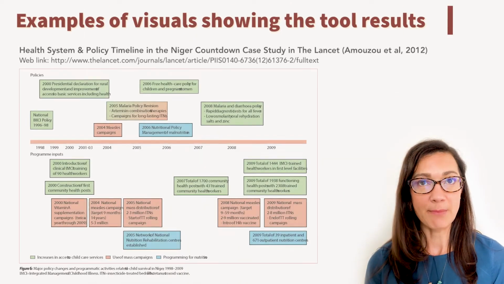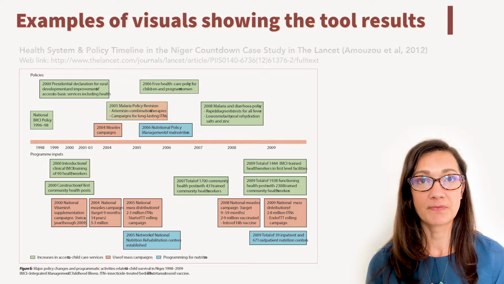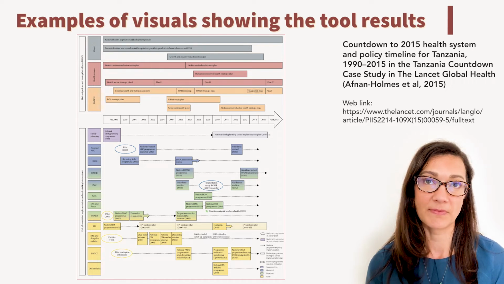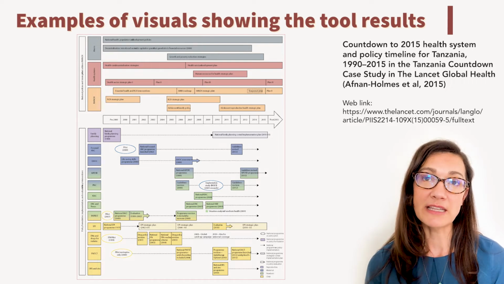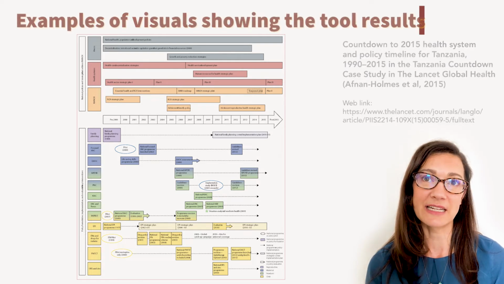Here are some visuals of how the tool has been applied. The first example is from the Niger Countdown to 2015 country case study. The second example is from the Tanzania Countdown to 2015 country case study. And you can see the similarities, but also some of the differences in how the information was presented.